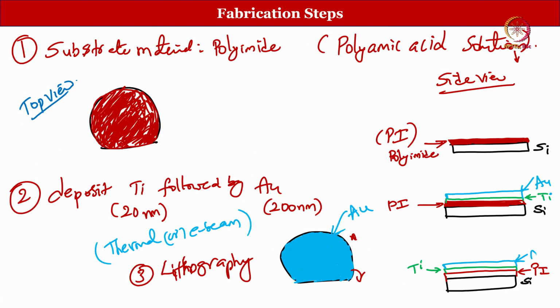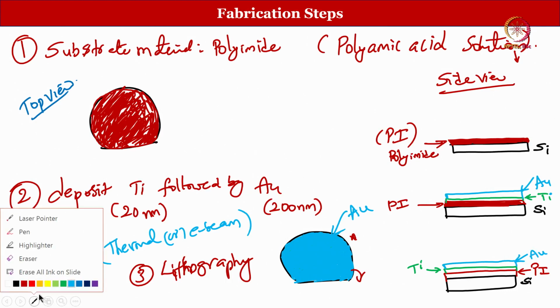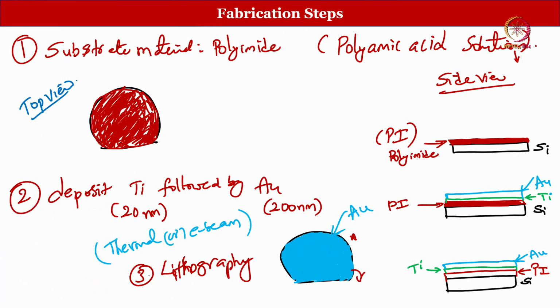This is gold, and I am telling you again, I have not drawn it to scale. So, next is the photoresist, right. You have spin coated photoresist and then exposed it and then removed, right. Now, this is how the pattern looks after development, after putting this entire sample in the photoresist developer. You have not removed gold and titanium yet.